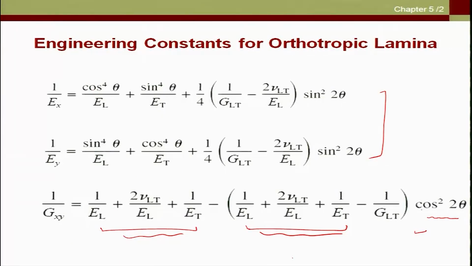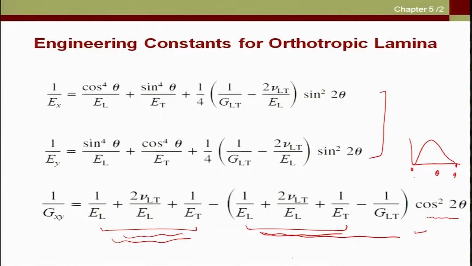We have this term which does not involve theta, and then this term which involves cosine square of twice theta. If I plot cosine square of twice theta between 0 and 90, it will be something like this.